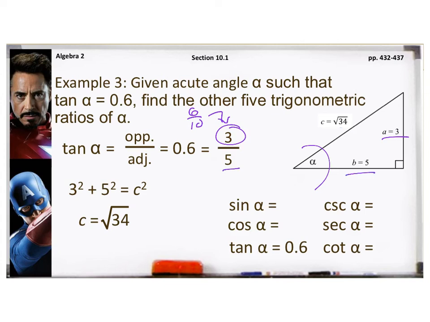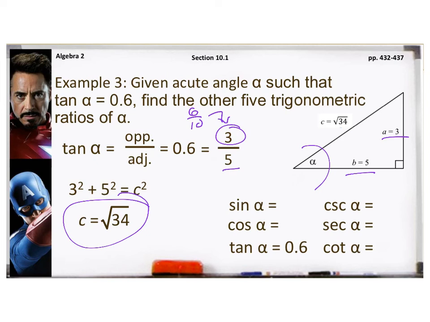Now I can use my Pythagorean theorem to find C. Now I have all 3 sides of the triangle, so I can find all of my ratios. So the sine of alpha is opposite over hypotenuse.